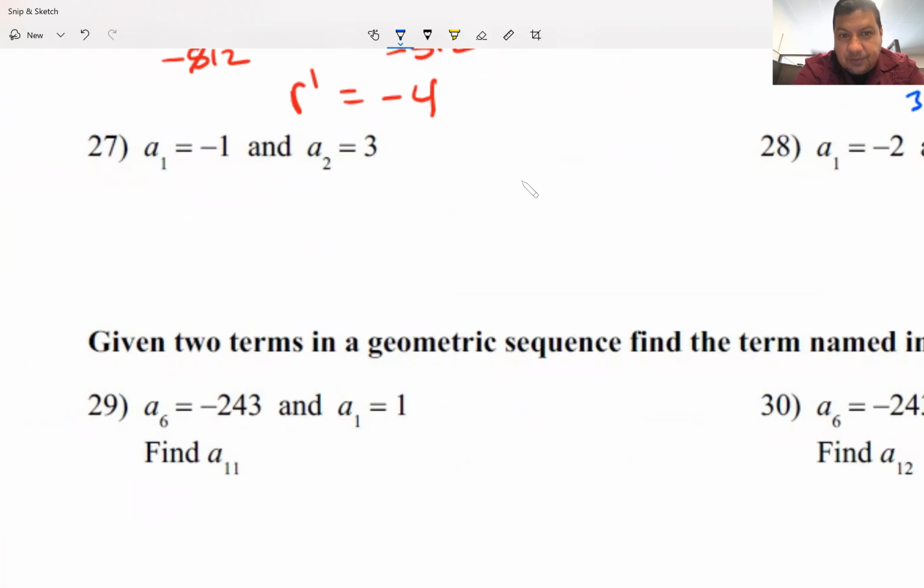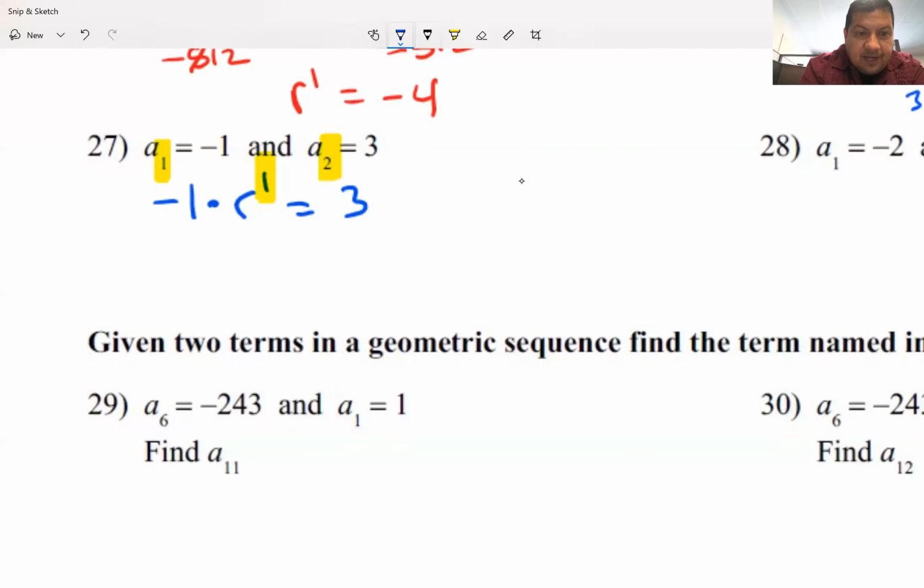I have the first number in the list and the second number in the list. The first number comes first. So I'm just going to say negative 1 times the ratio to the 1 is equal to 3. And again, I subtracted my subscripts, and that gives me the exponent on the ratio.